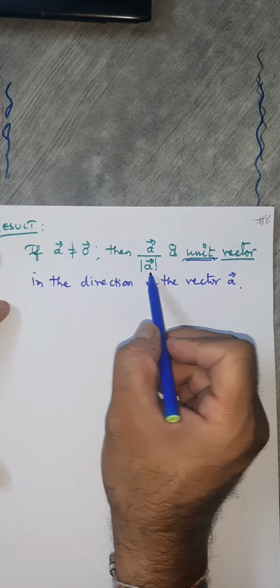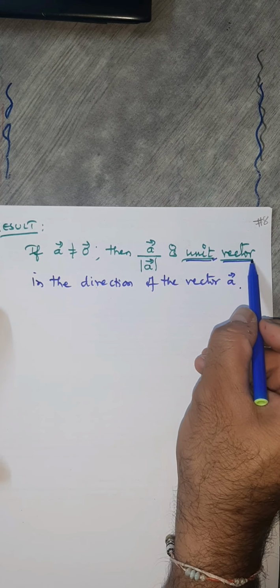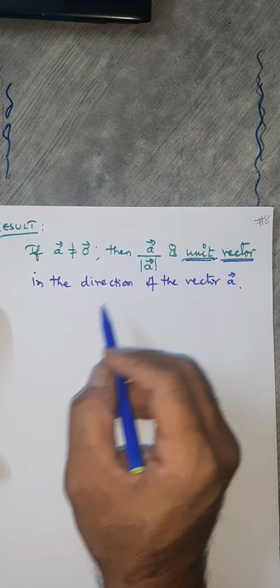Vector upon its magnitude is always a unit vector, remember. It means its length is 1.